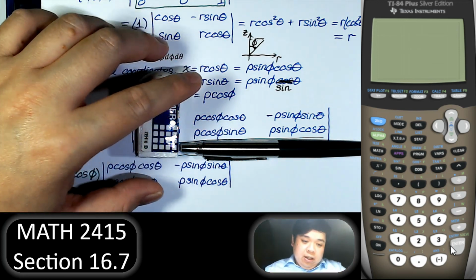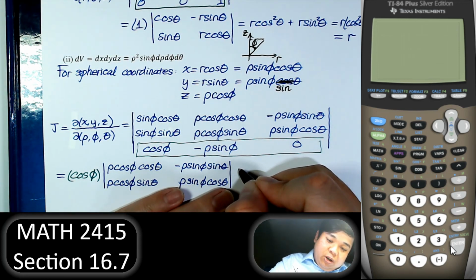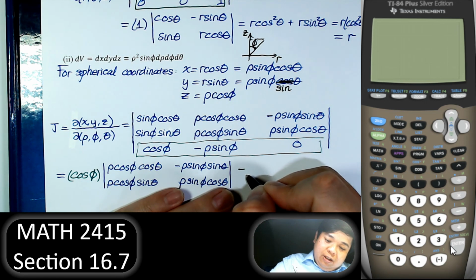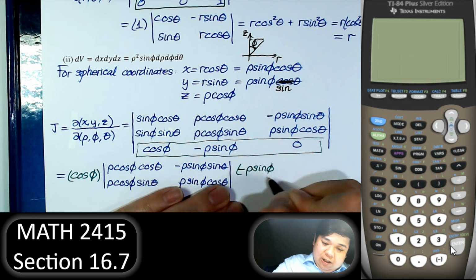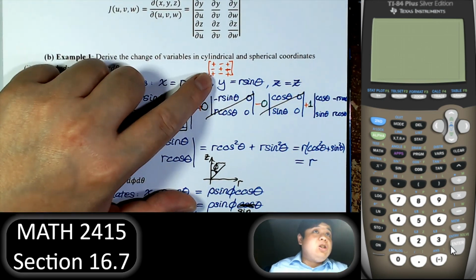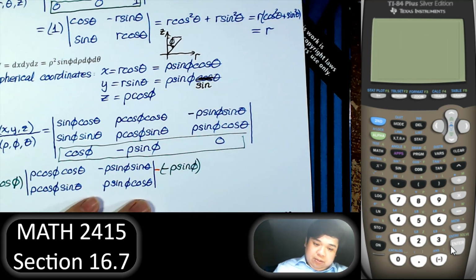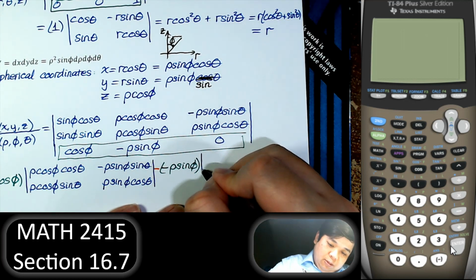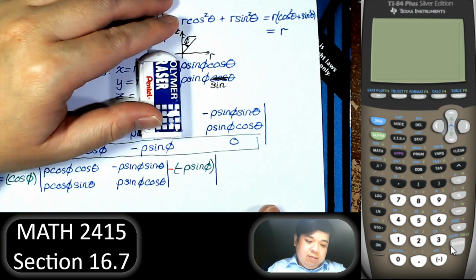Right, that with respect to this one. Next, with respect to the negative rho sine phi, remember, on the sign chart this one will carry the negative sign. So cover that up.